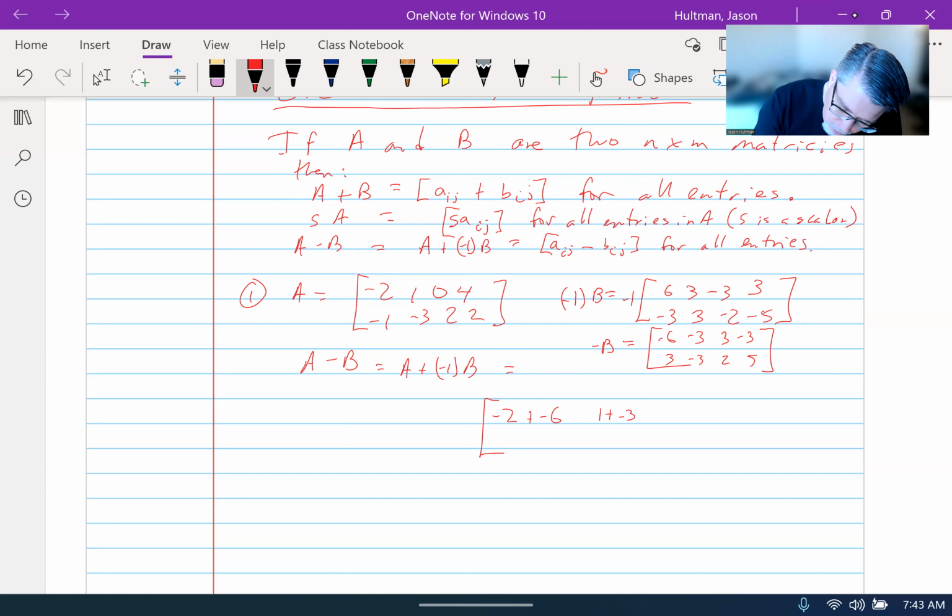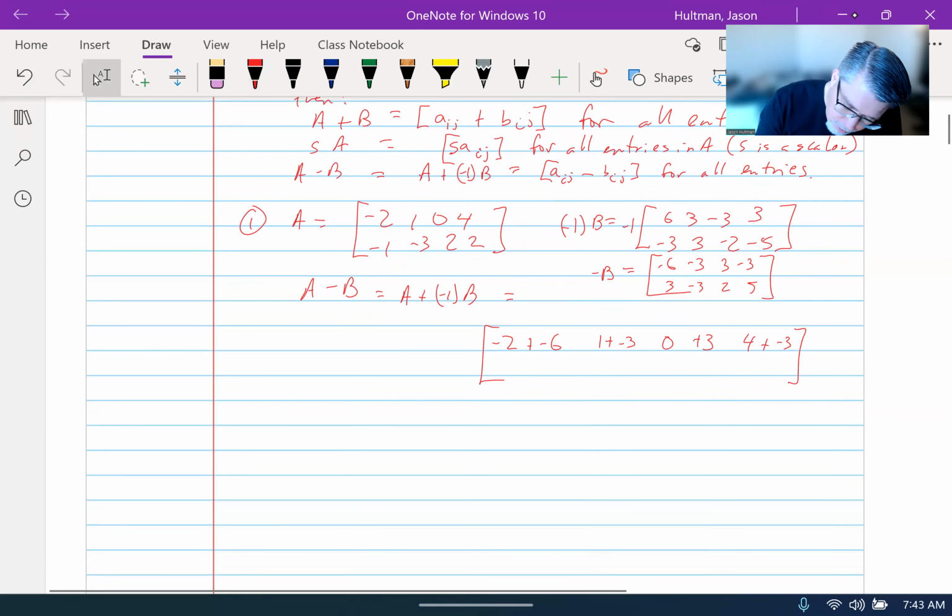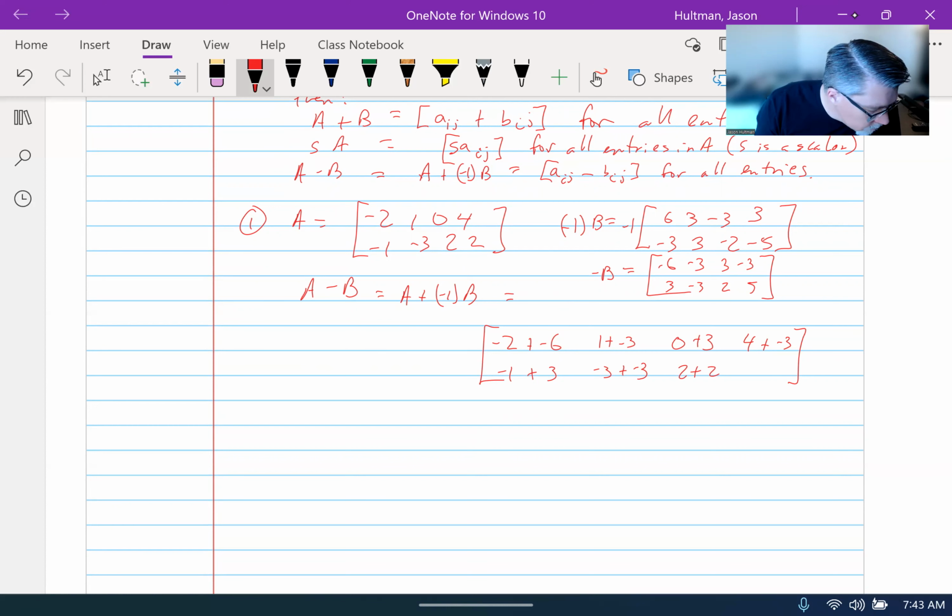The next one going over is 0 plus 3. And the next one going over is 4 plus -3. Continuing on to the second row, this is -1 plus 3. This is -3 plus -3. This is 2 and 2. And then 2 and 5.